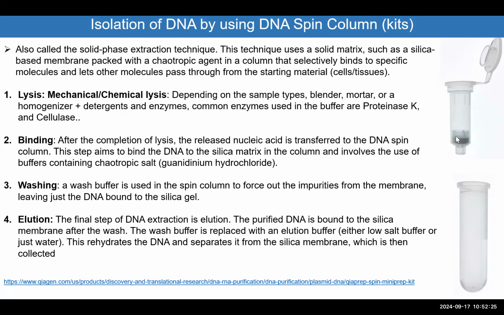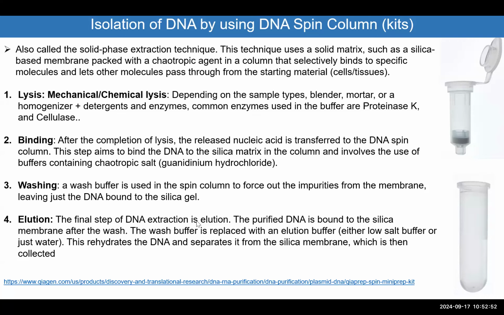So the next step would be only the wash. Add your washing buffer here and centrifuge again. The washing buffer passes and then you have clean DNA or RNA on those columns. Then you simply add an aqueous solution, which is mostly water, and you can elute the DNA from these columns into a collection tube.